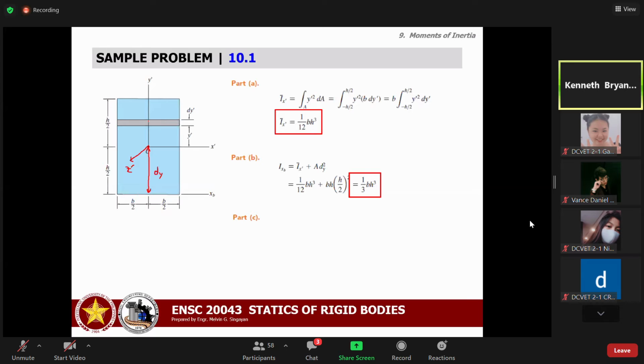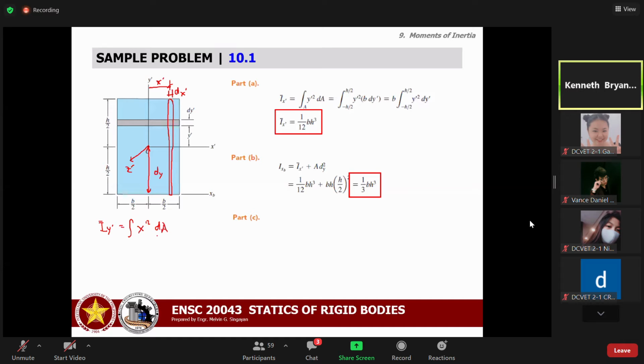You can solve for I bar y prime by integral. Say you use a vertical strip like this one. The width of the strip is dx prime. The centroid of the area about the y prime axis is x prime. So you can solve for I bar y prime, which is equal to the integral of x prime squared dA.